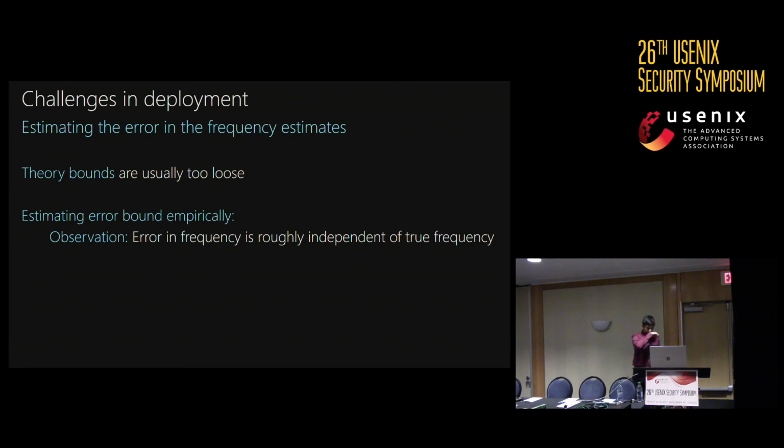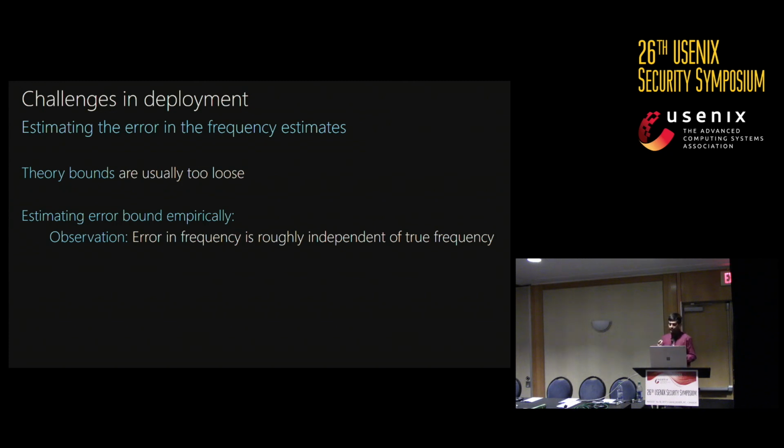So here you can use an intuition, and this is not theory. This is what I will call a hack or empirical process, which worked out in practice. The error in frequency estimation is independent of the true frequency. The noise you introduce because of differential privacy is independent of the true frequency.